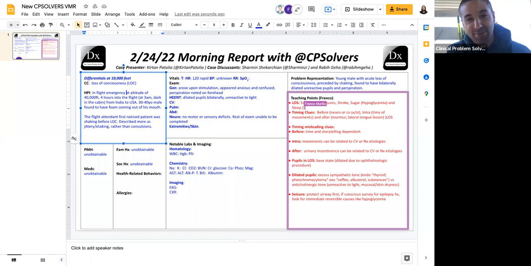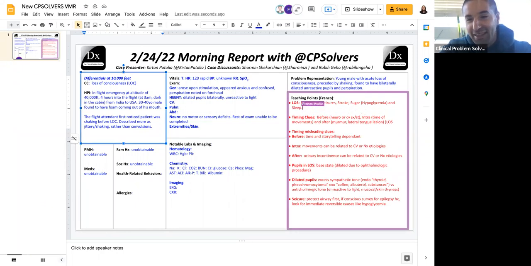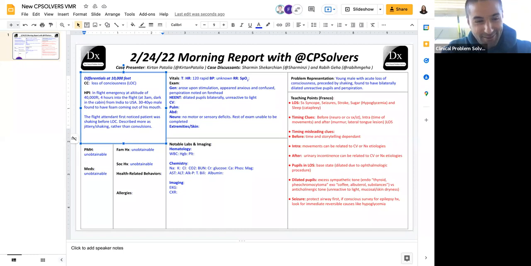So please don't think that this patient's sleeping, but know that things like cataplexy can be pretty prolonged. And there are some very fascinating conditions that can cause people to not wake up at all, even with very vigorous activity. But I think the actionable step here is benzos and sugar, which Charmaine mentioned a long time ago. So I'll pass the mic to you, Kirtan, to take us home.